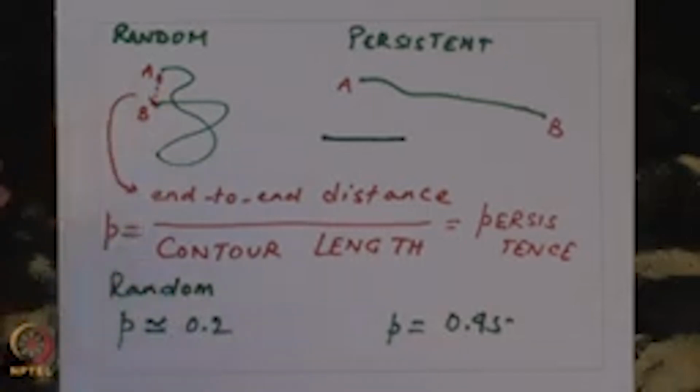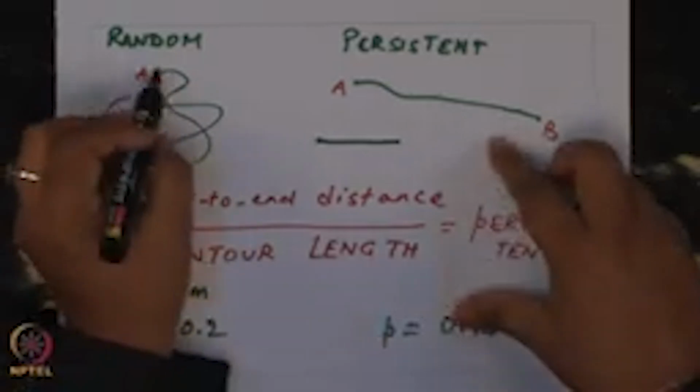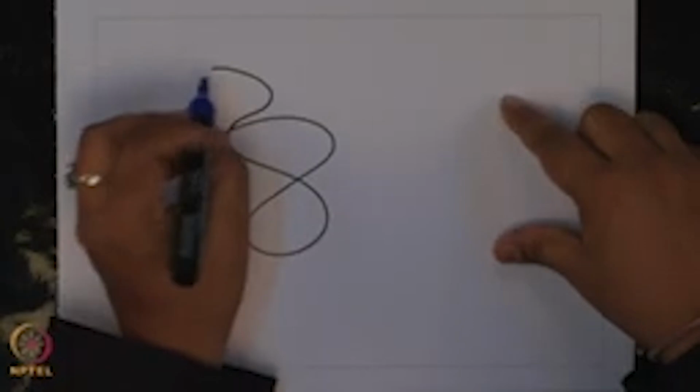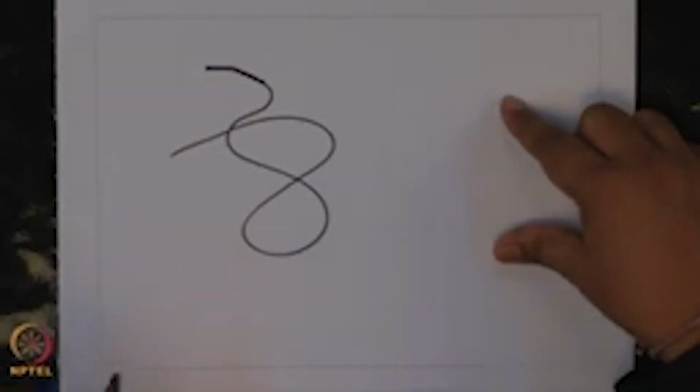This is one of the simplest ways to quantify persistence, but you can also do the following. If I were to look at this particular trajectory, I can break it into individual segments. Let me redraw it. Let us imagine that this is a trajectory of a cell. What I can do is break it into short segments which are straight.